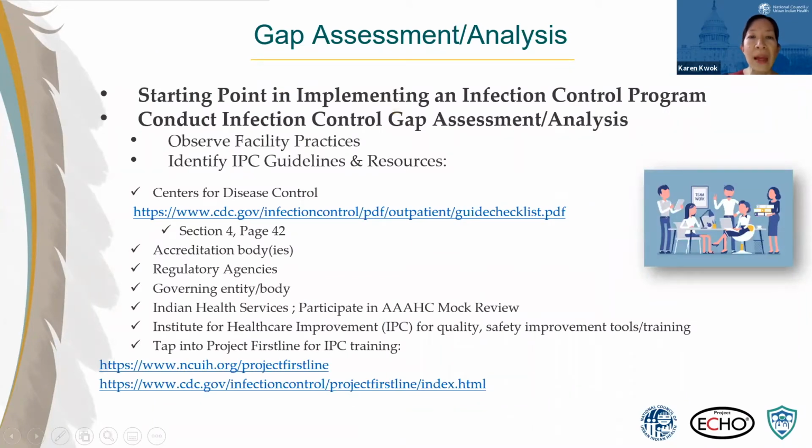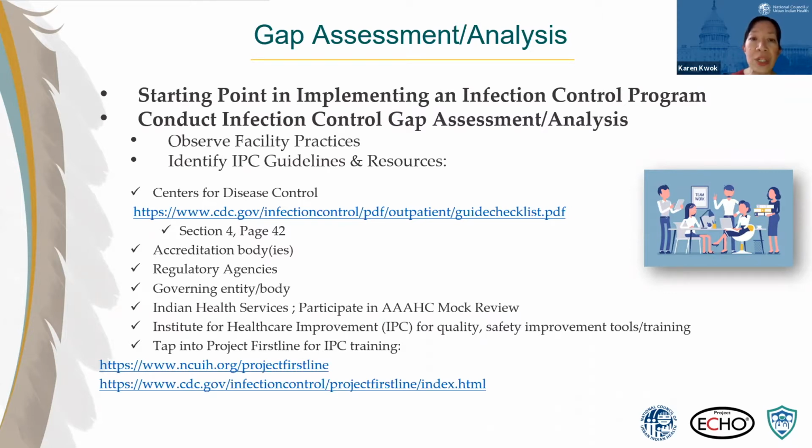Here is the focus of our Champion one-on-one calls, where we are looking specifically at the gap assessment. In that gap assessment, we are starting with the implementation of the program by looking at what the facility practices are.